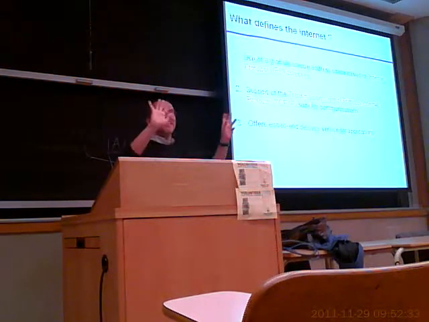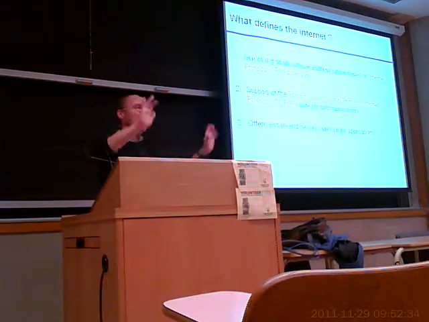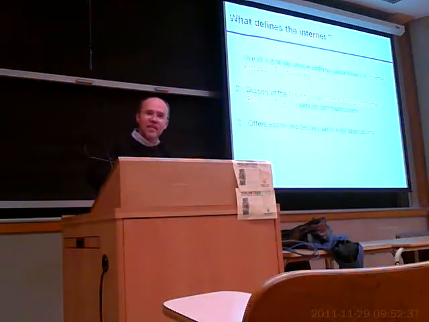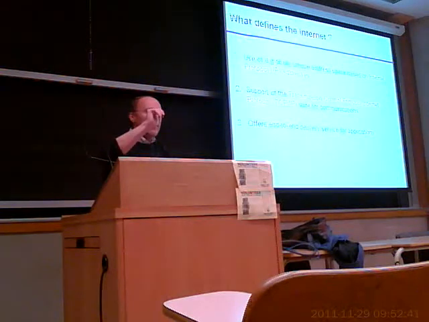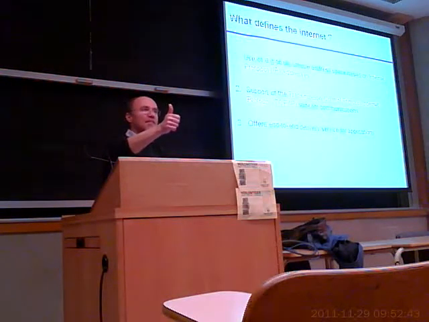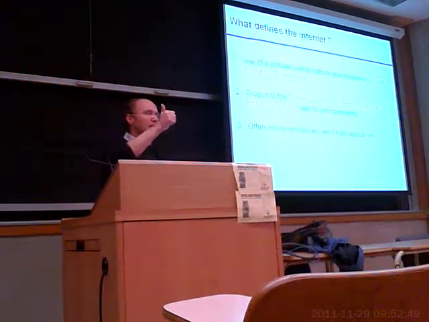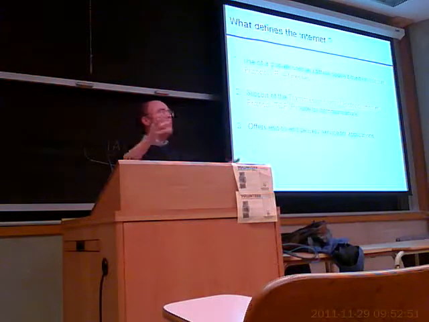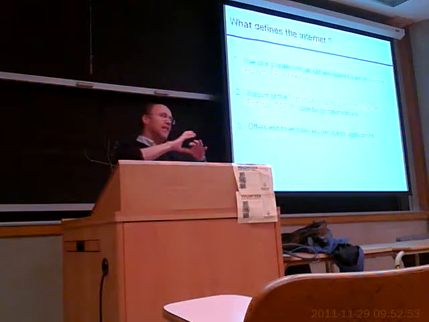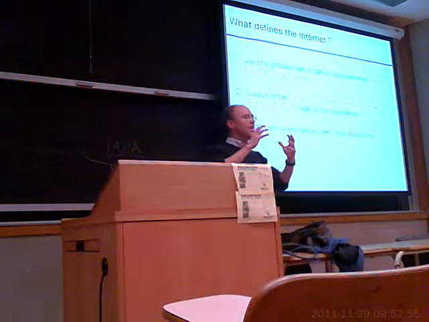So what defines the internet? That's an interesting question. You use IP. What else? It must somehow draw from the public IP space. So using the internet means running the internet protocols.